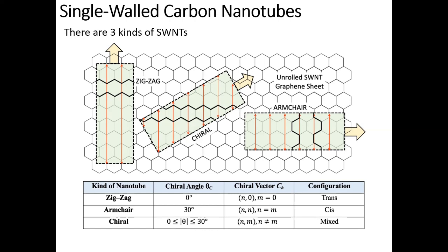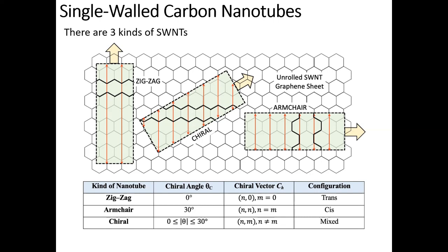Oh, no. This way's wrong. It's correct. But this flat part is along the tube axis. And the third one is everywhere in between. These are called chiral tubes. So the symmetry is broken down significantly. The zigzag tube is the reference for the chiral angle. It's called 0.